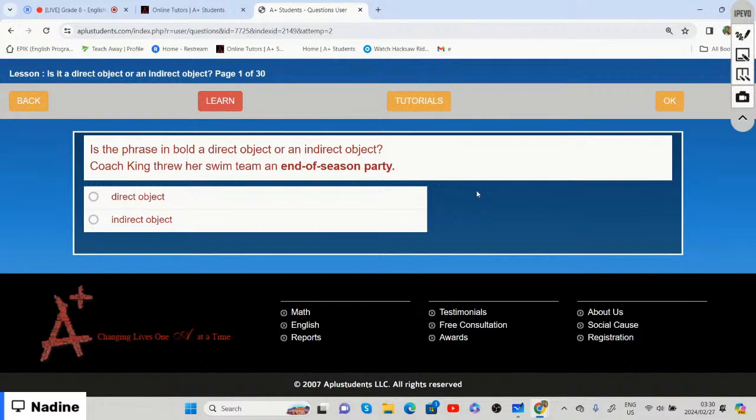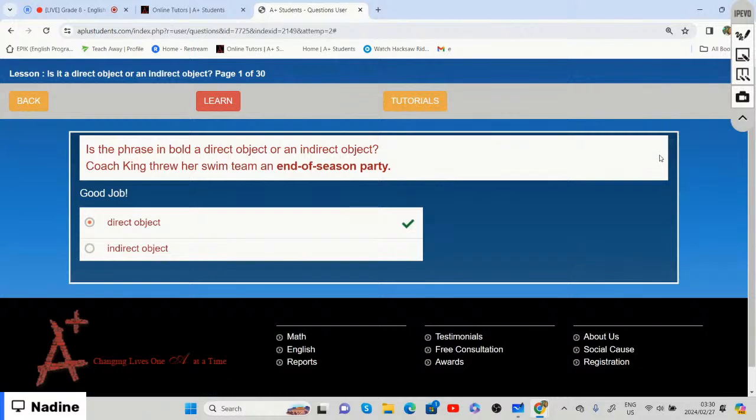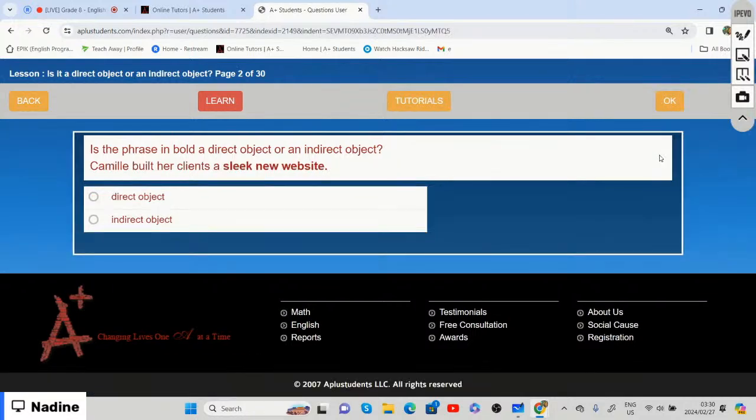So we need to say what it is acting on or whom it is acting on, and it is a direct object.